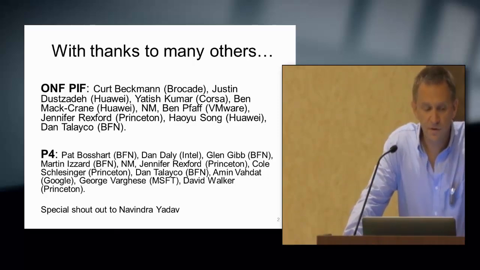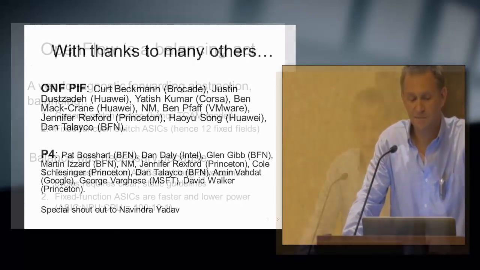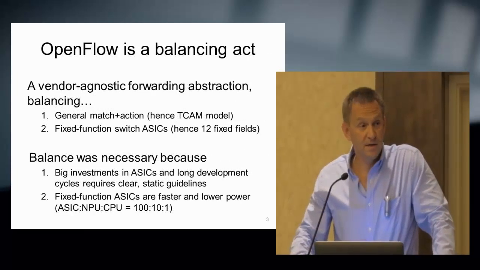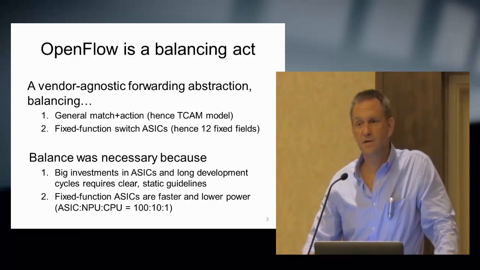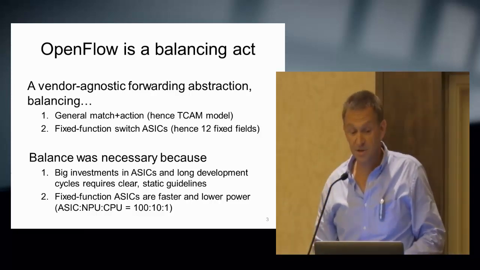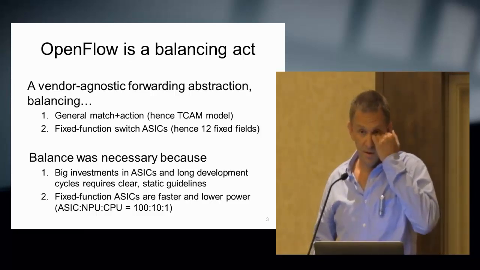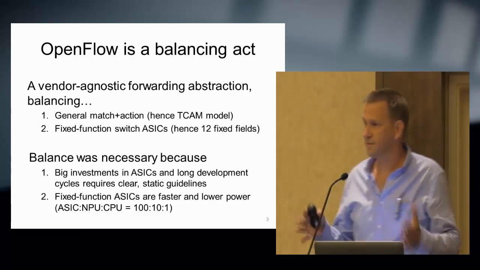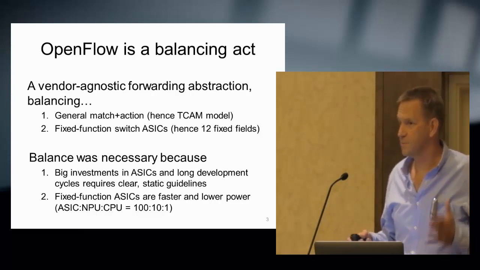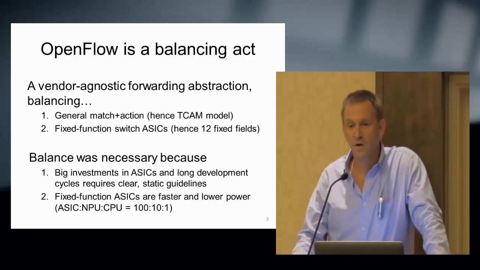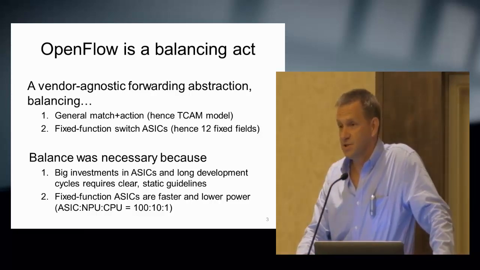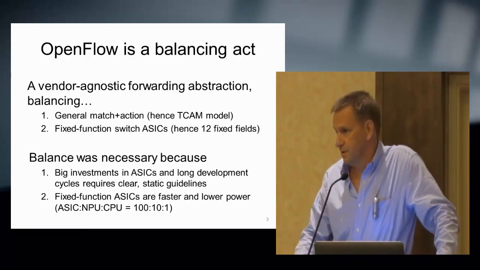Because really, OpenFlow is a balancing act. The good thing about it is it provides a vendor-agnostic abstraction, a very simple forwarding abstraction. But it's always had to walk this fine line, this balancing act between two things. On the one hand, it provides this general match action abstraction.